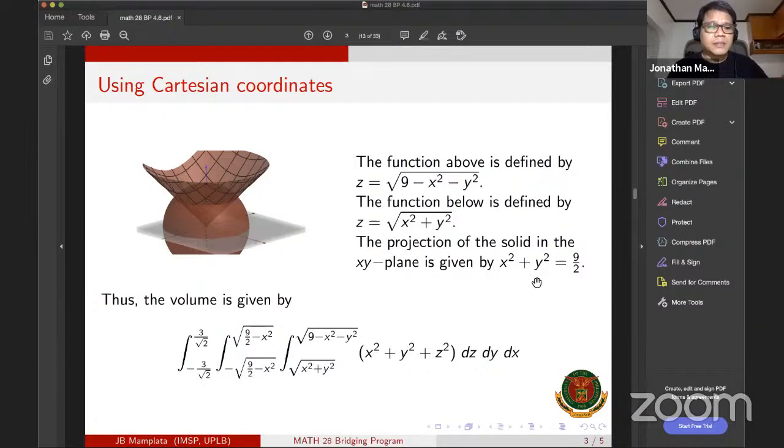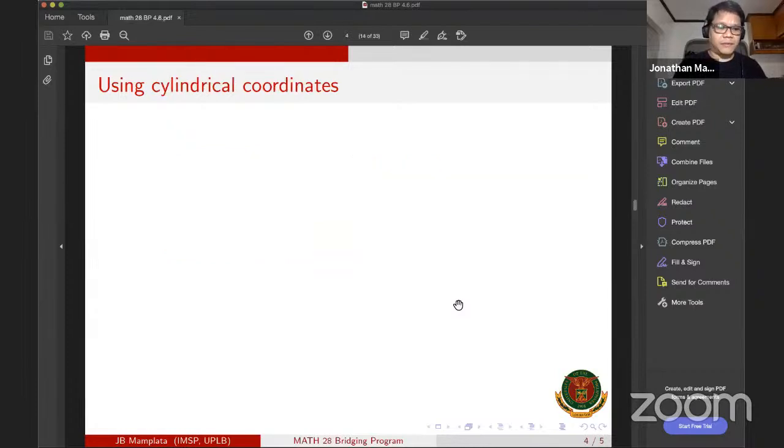Okay? Now, co-convert natin to into polar coordinates. Yung x squared plus y squared ay papalitan natin ng r squared. So we have r squared equals 9 over 2. Solving for r, you will get 3 over square root of 2.